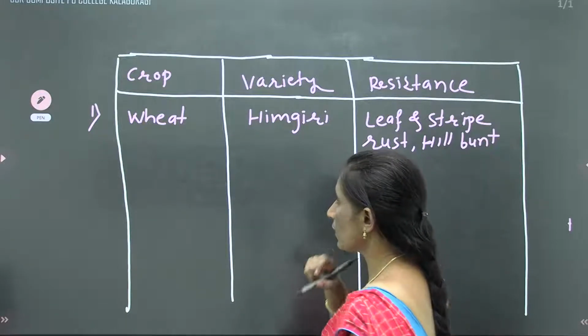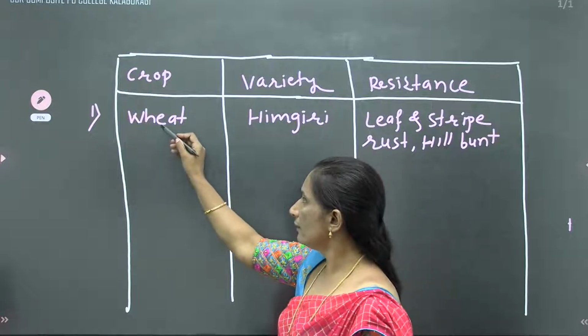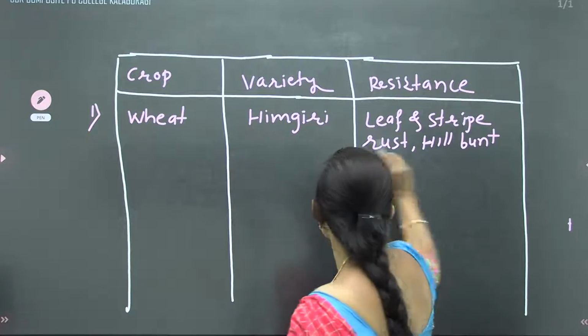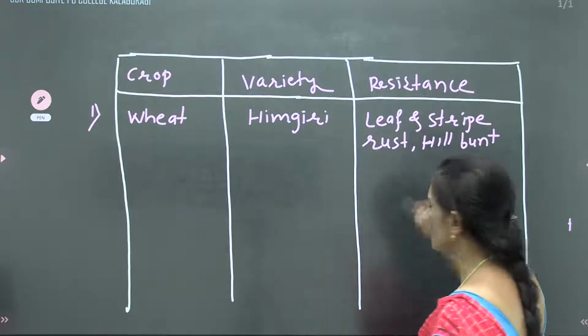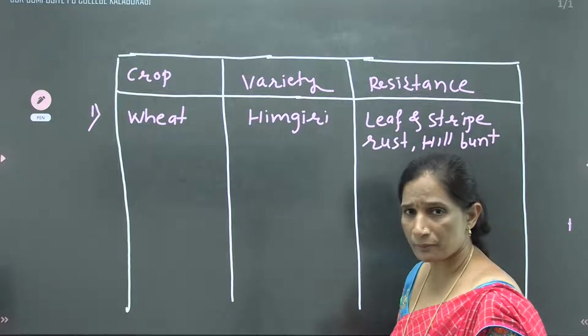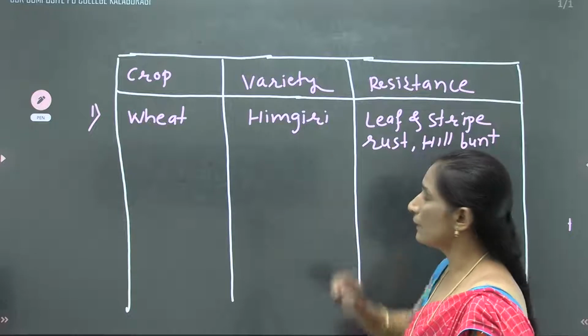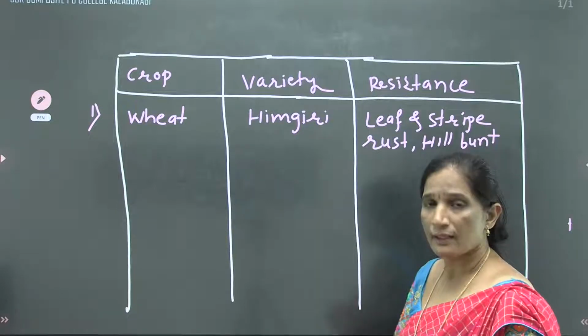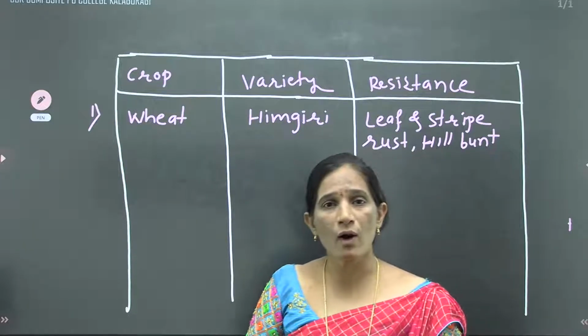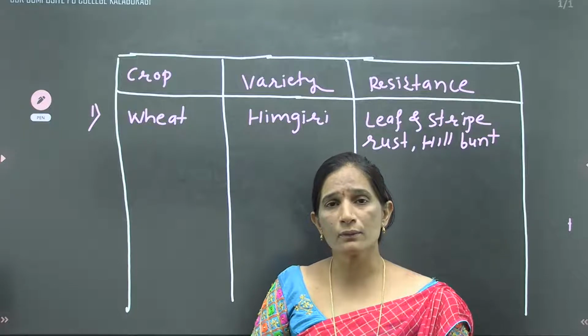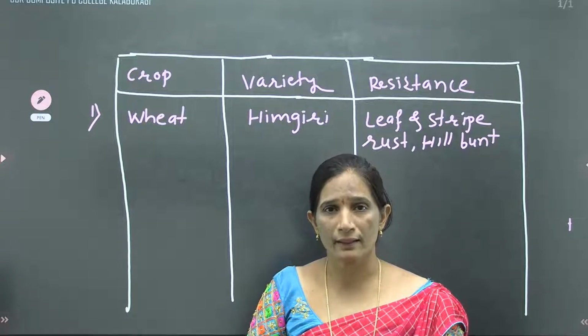So one of the crop plants is wheat. It is resistant to leaf and stripe rust, hill bunt. The name of the variety is Himagiri. Is it clear? Himagiri is a variety of wheat resistant to leaf and stripe rust, hill bunt.